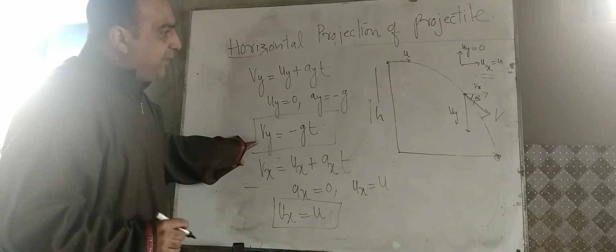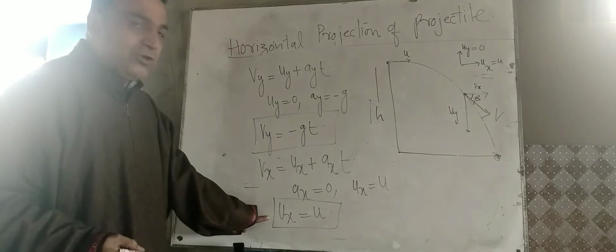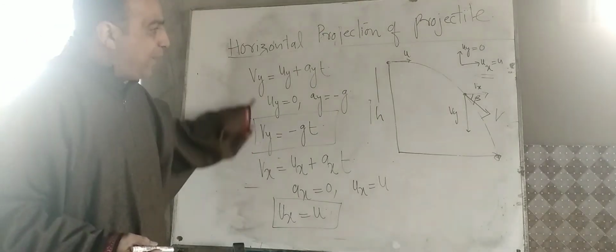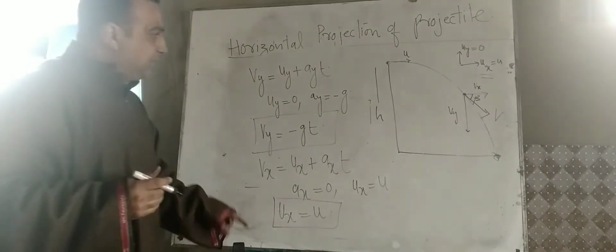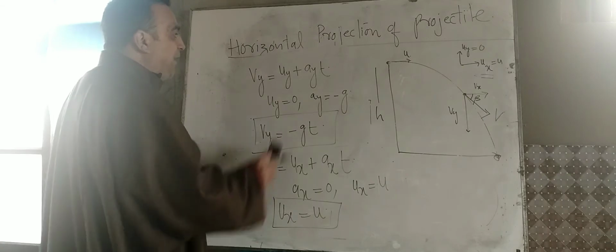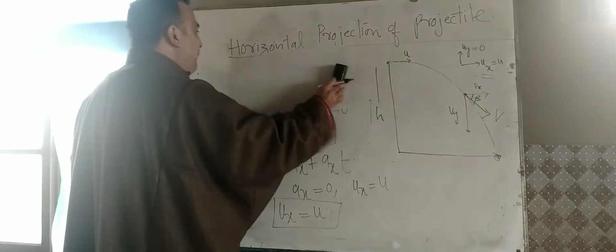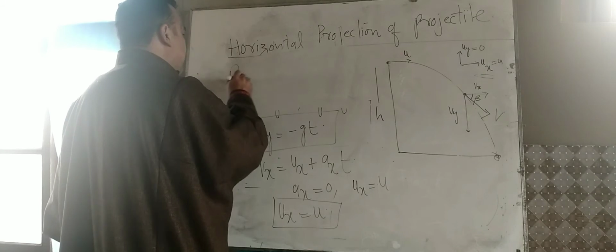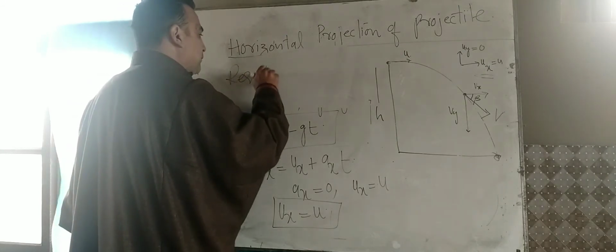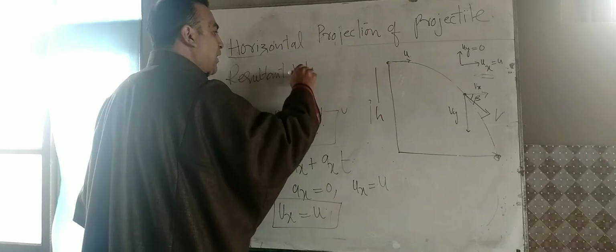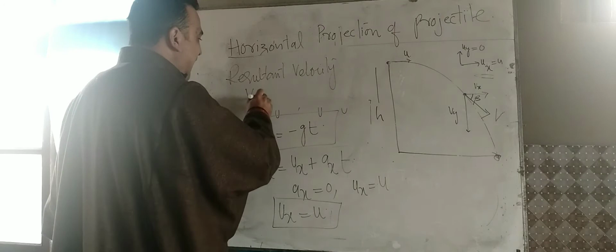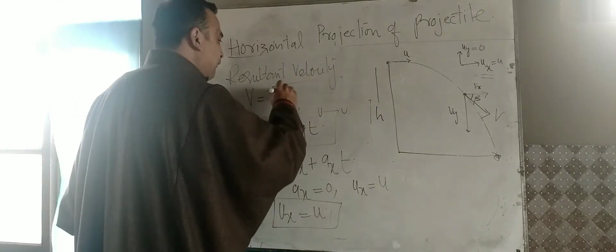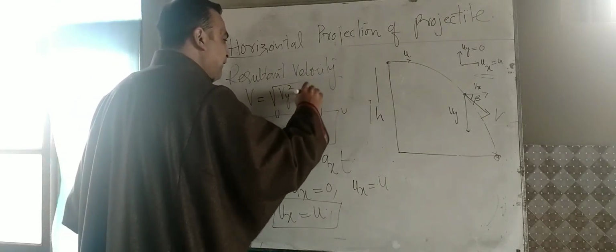Now, this is the vertical component of the velocity vector at this point, and this is the horizontal component of this velocity vector. So what is the resultant velocity from the parallelogram law of vectors? Since these two components are perpendicular to each other, the resultant velocity, which I will call v, will be the square root of Vy squared plus Vx squared.